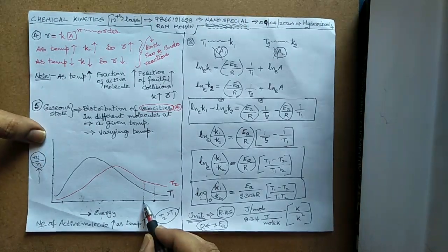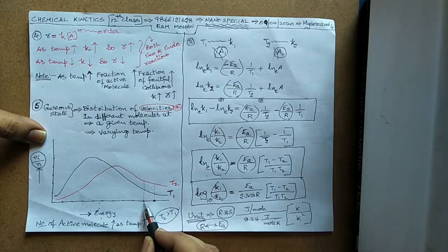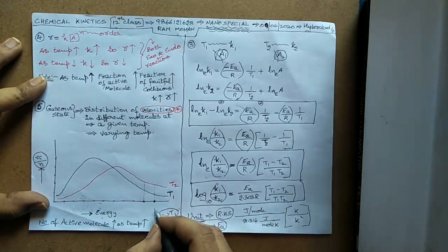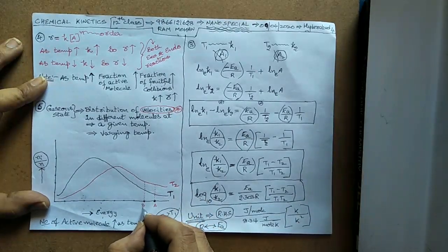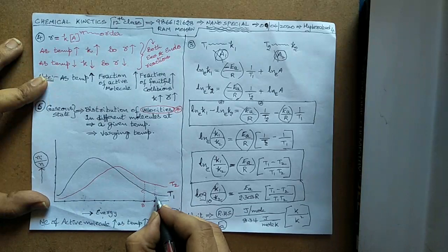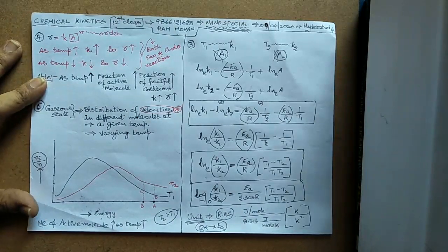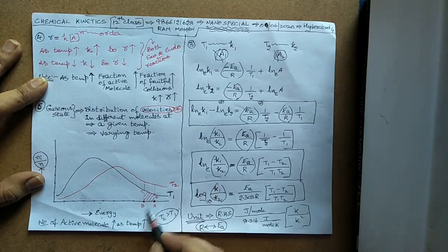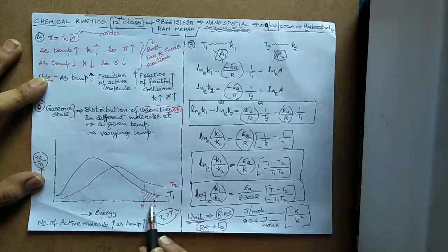Now when I consider the threshold energy and energies slightly higher than the threshold energy, assume this is the threshold of that reaction. I have the case of A, B, C, D. This region ABCD is the total number of molecules which are active, having this energy zone and possessing these energies in them.